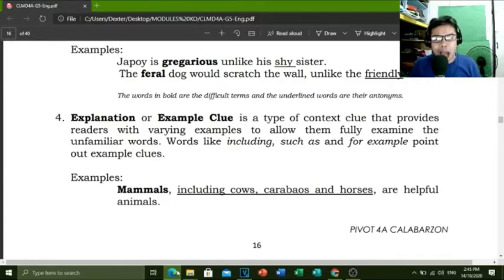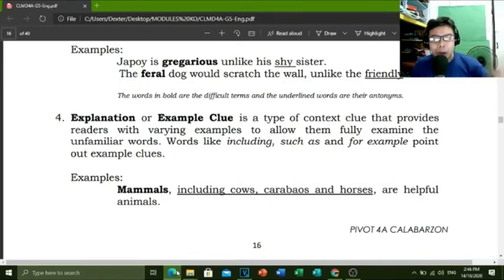Mammals, including cows, carabaos, and horses, are helpful animals. Again, mammals, including cows, carabaos, and horses, are helpful animals. So obviously, our unfamiliar word here is the word mammals, right? And for example, you still don't know it, or it is just your first time to read this word, and you want to find what is meant by this word.